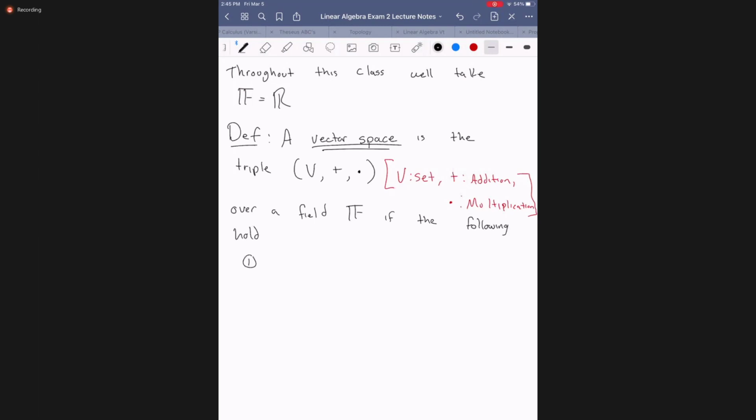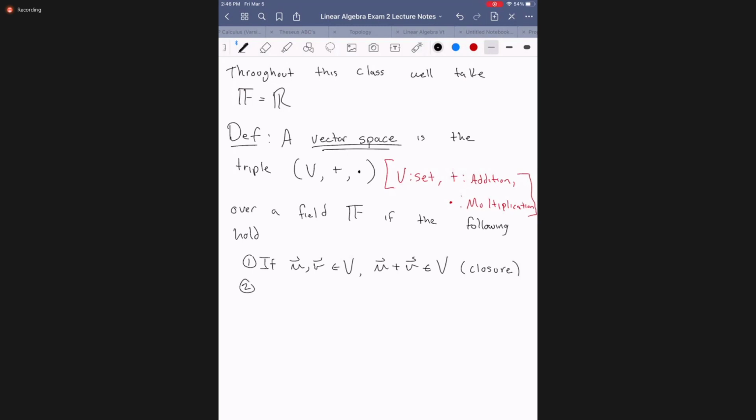One, if you take two elements from my set V, and I'm going to denote them like this, u plus v under this addition is also in V. Again, this is closure.